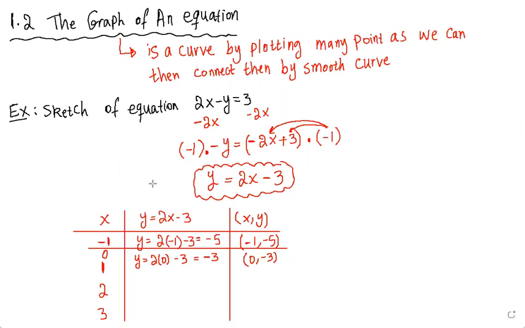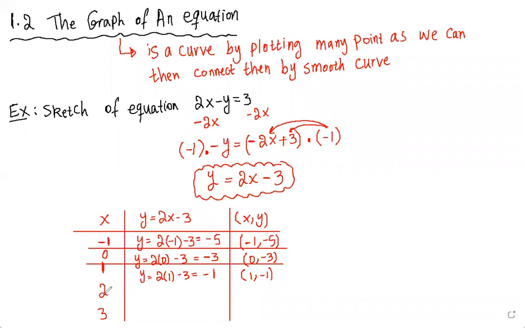Who will do the third one? x equals 1, the same idea. We plug the 1 inside the equation. So y equals 2 times 1 minus 3, which gives minus 1. So the third point is 1 and minus 1.